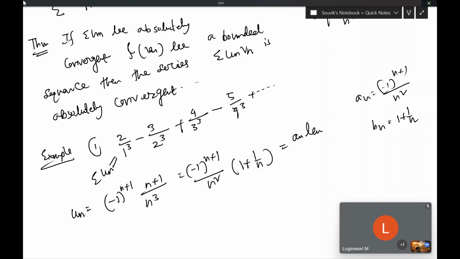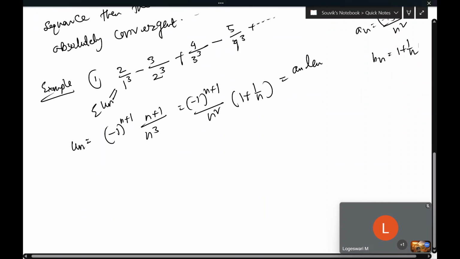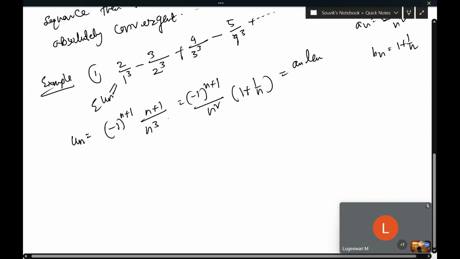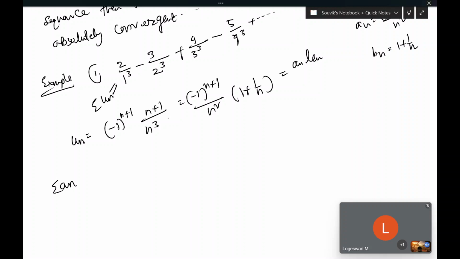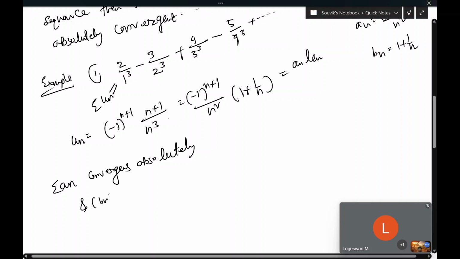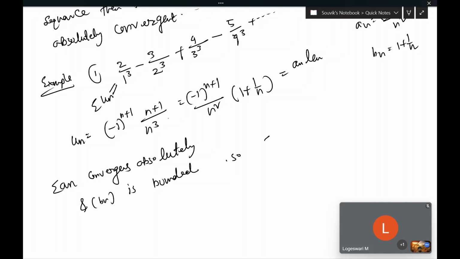Now observe that the series summation a_n converges absolutely, and the sequence b_n is bounded.